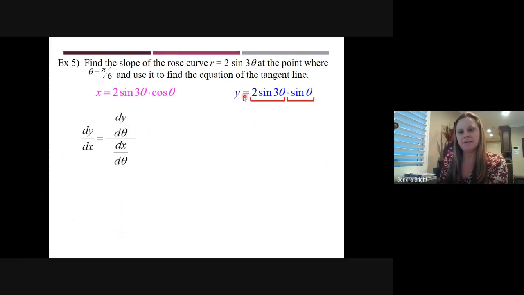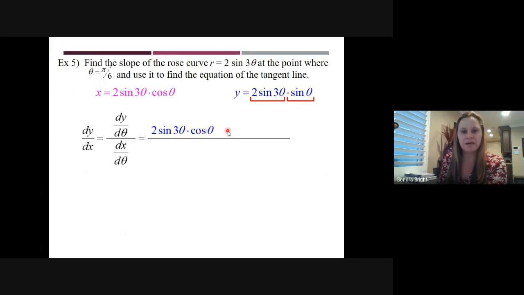And for dy/d theta, we're going to take the derivative of this guy, and that's product rule, because you've got a function times another function, right? So I'm taking the first guy, 2 sine of 3 theta, times the derivative of sine, which gives you cosine.